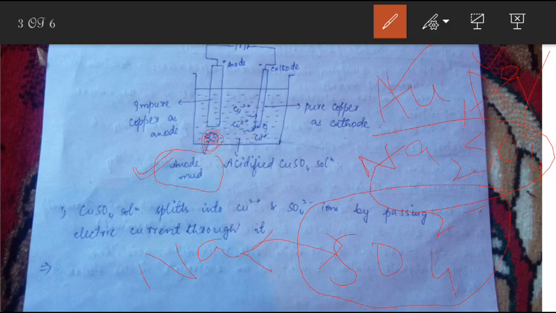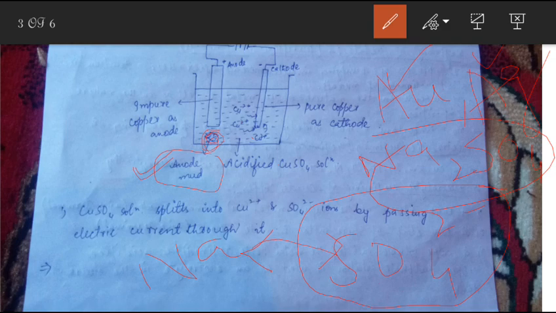So from this method we came to the conclusion that electrolytic refining is very important in two ways. First, it refines or purifies the metal that we require.